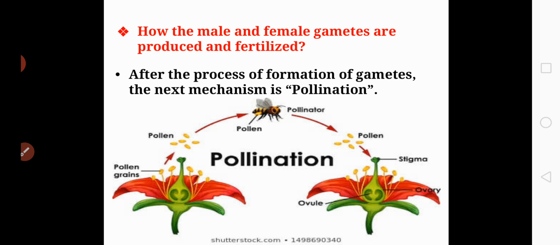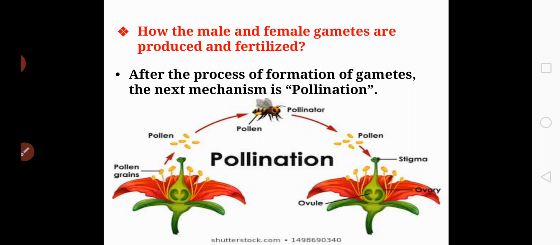And within the megasporangium, after megasporogenesis, the female gamete is produced. That means within the megasporangium, the megaspore mother cell divides to form a single female gamete. Understood?